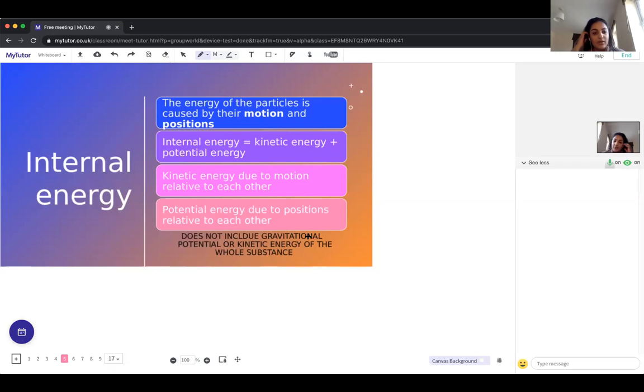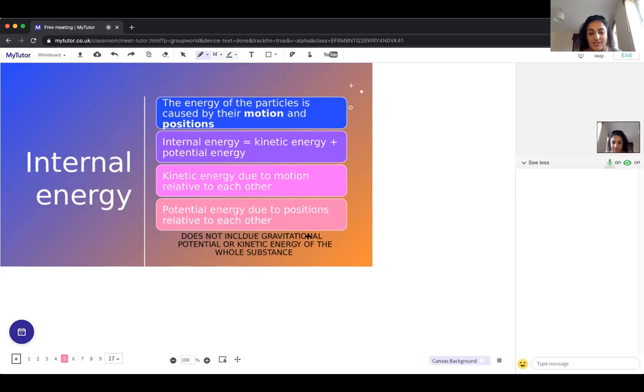So we know that internal energy is made up of kinetic energy plus some other energy. Now, that other energy is known as potential energy. And it's this new energy that we've not met before. It's not gravitational potential and it's not elastic potential. It's a new kind of energy, and it's called potential energy.